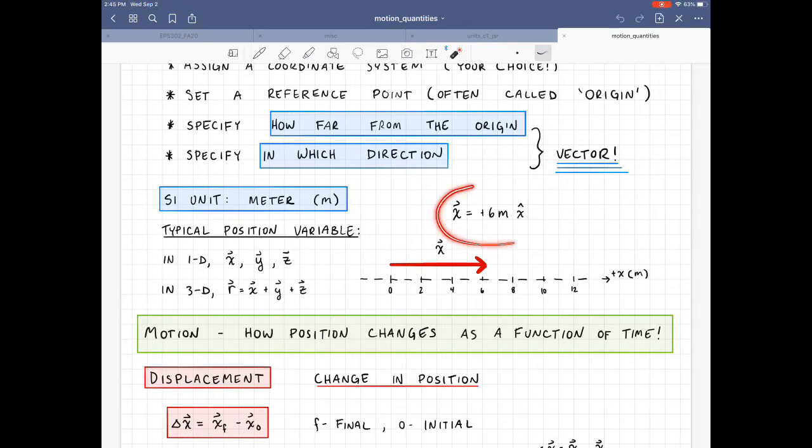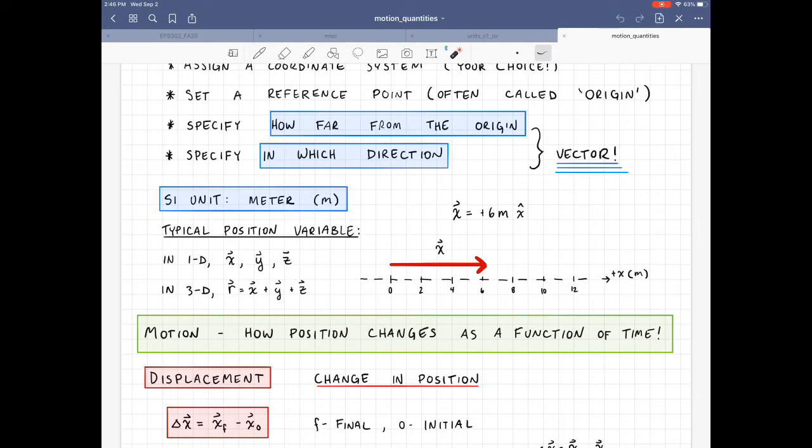So over here on the right, I've got an example. I've got an x position vector of plus 6 meters. And here, notice that I'm using my unit vector notation. And so I've got a coordinate system drawn down here. I've got my horizontal axis. I've got my x with the plus sign designating to the right as plus.